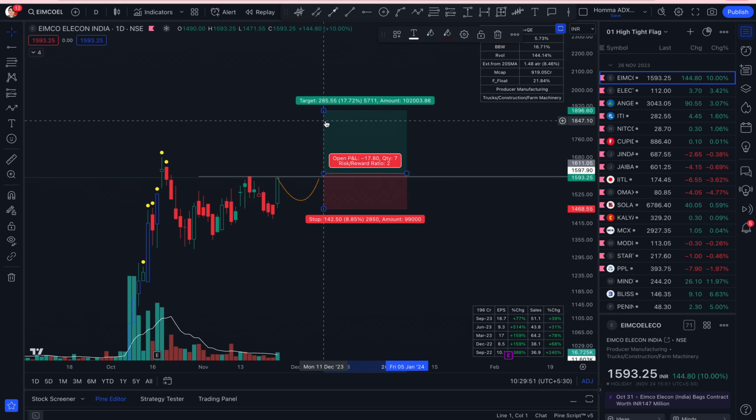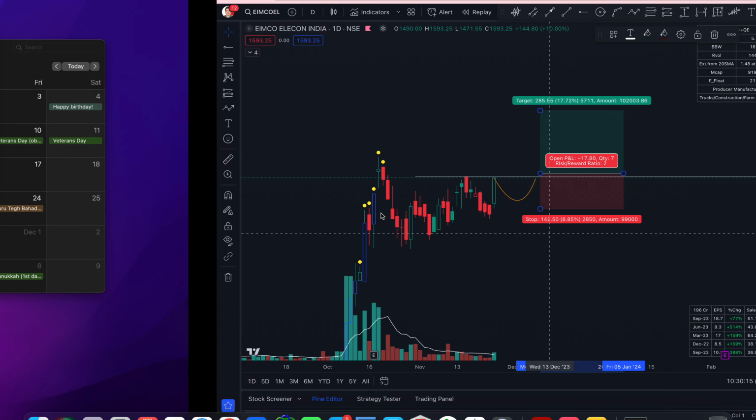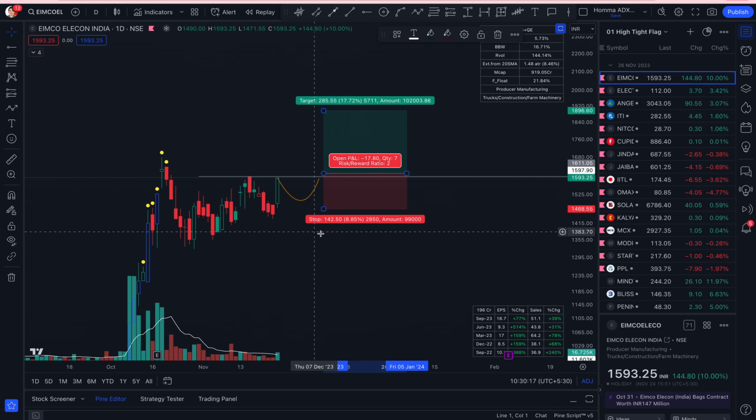So once this hits 285, you are already making 285 on one stock. So you sell one stock, you are getting 285 on one stock, and let's say it comes back and hits your stop loss, you are losing 142, right? So 285 minus 142, you are still making 142 rupees on this trade. So that's what I mean by a risk-free trade.